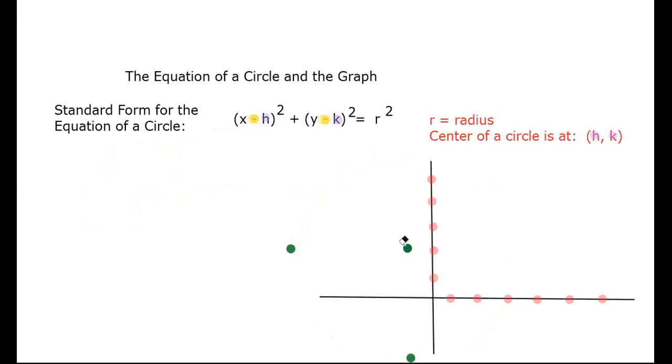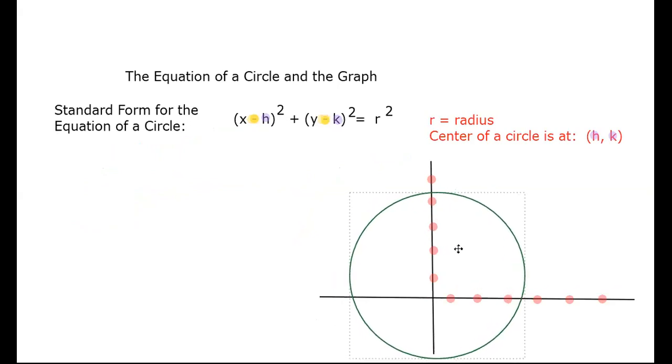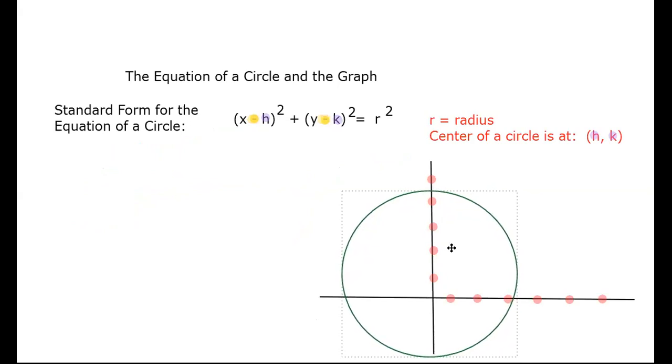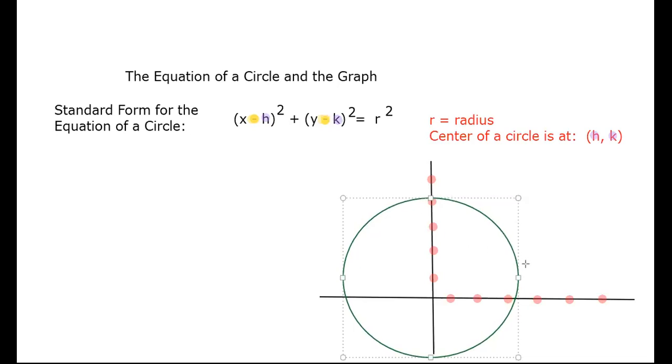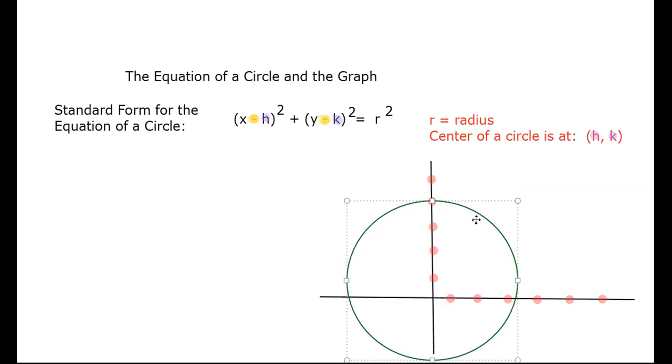So if I put a circle on this graph, let's add a point, because that one's kind of over just a little bit.